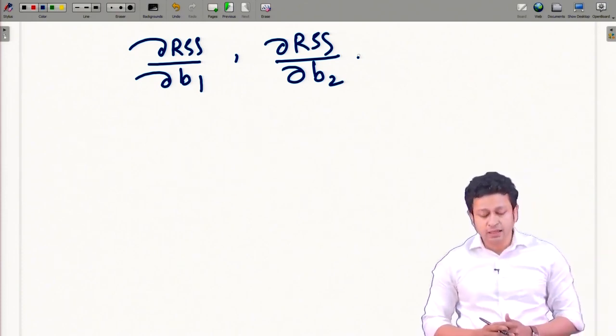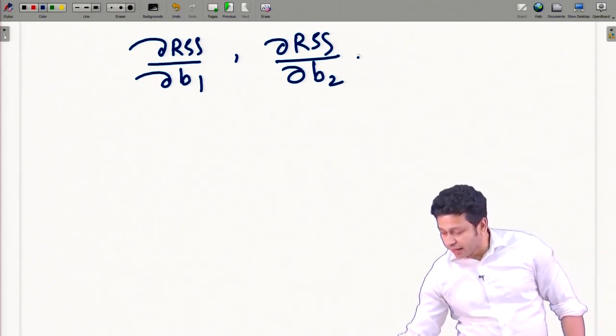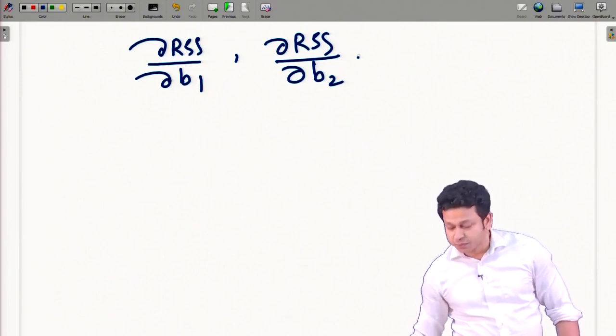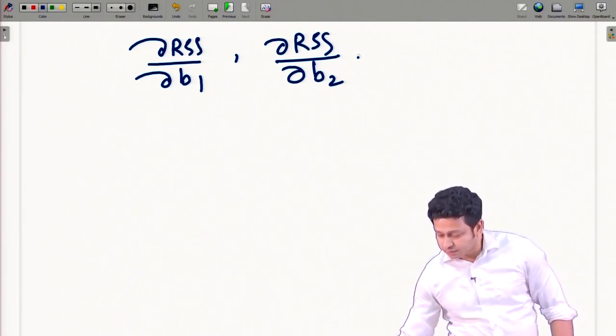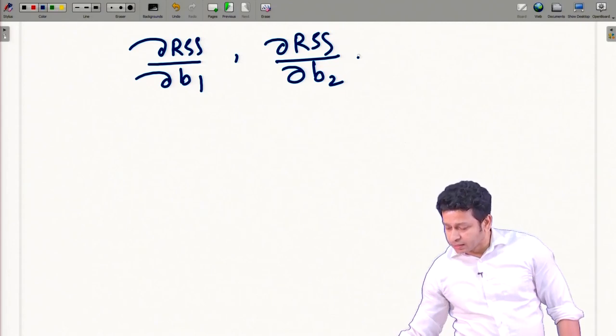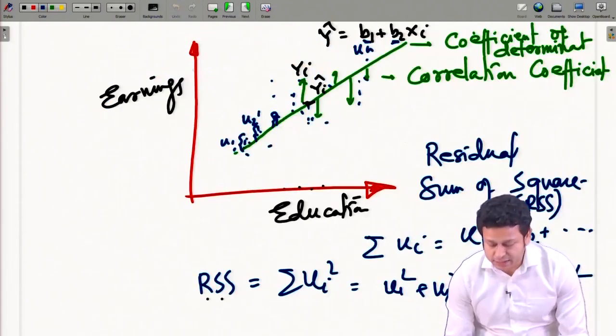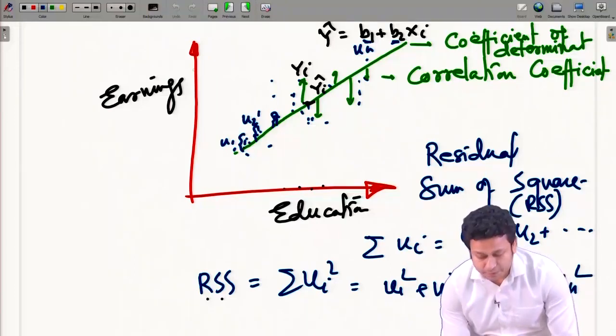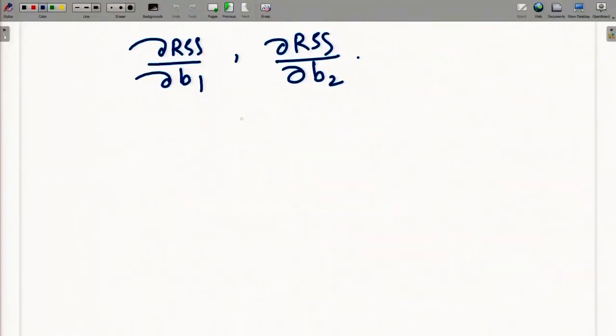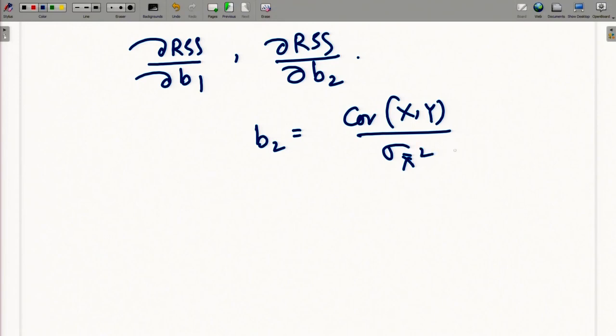The result that is going to be helpful for us is that we need to estimate the beta parameters. The value of B2, the coefficient or parameter corresponding to the x variable, is the covariance of x and y divided by the variance of x.